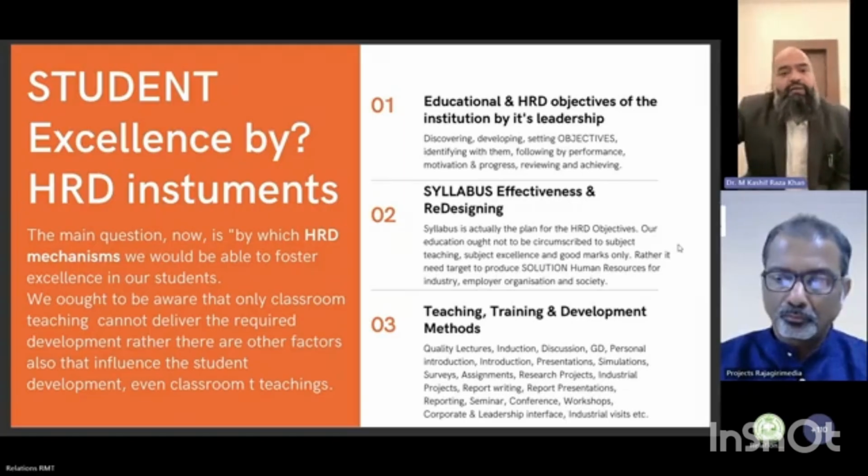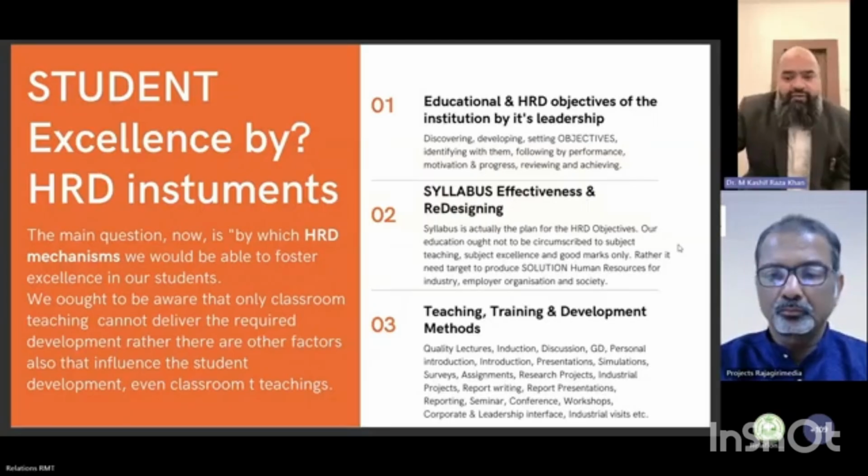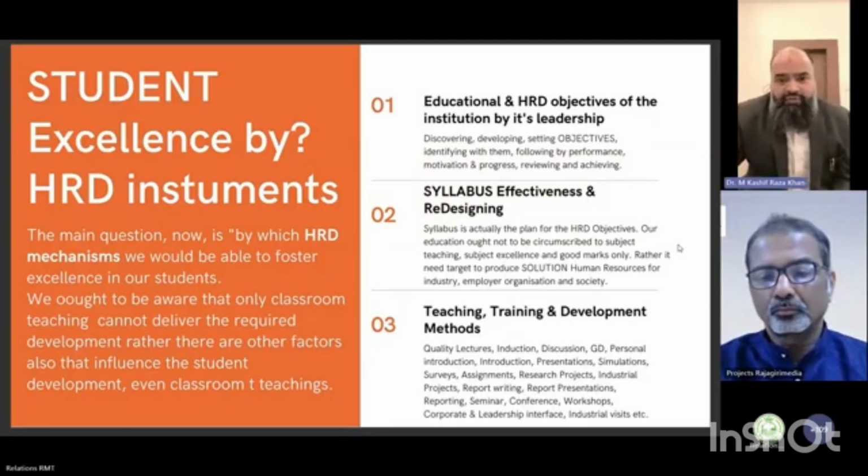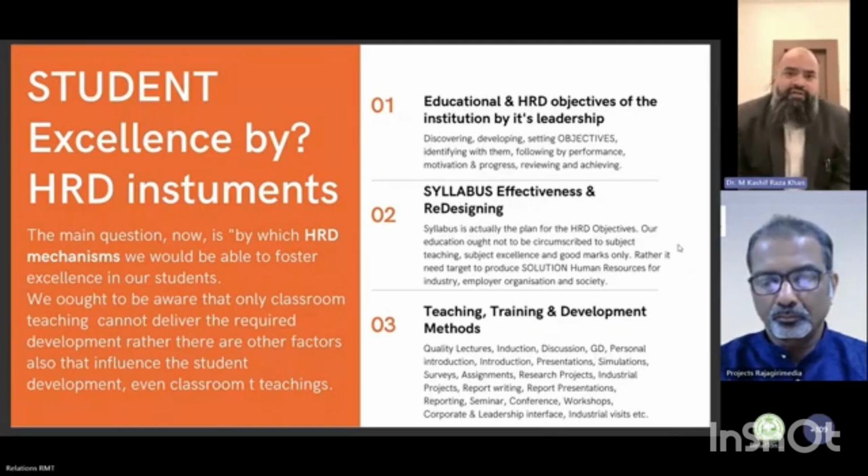Before starting the course or the educational program, we need to determine what the outcome would be, the final product, the ready product after the completion of education, training, and programs. So the first step is for institutional leaders to relate themselves with this point, the educational and HRD objective of the institution.